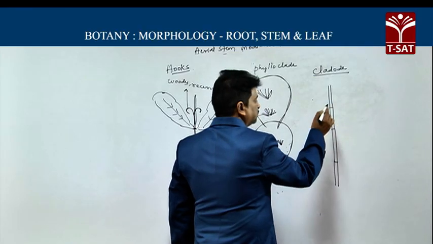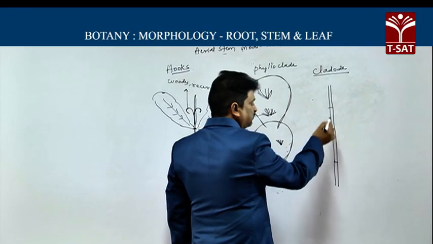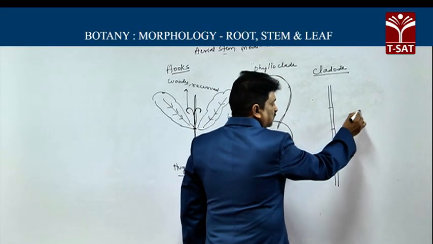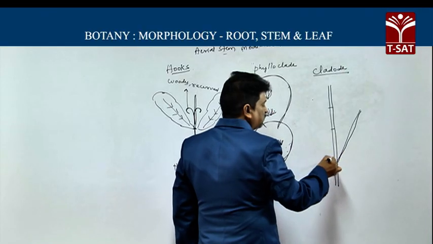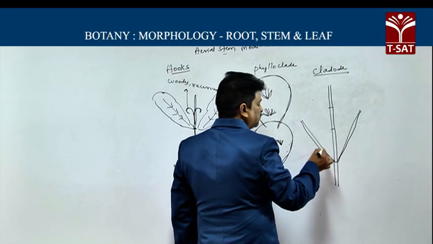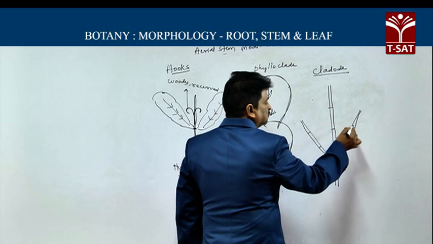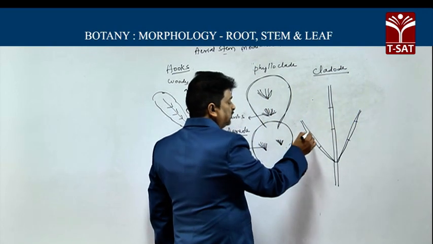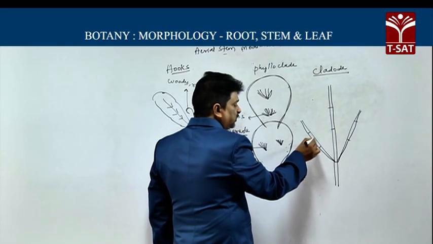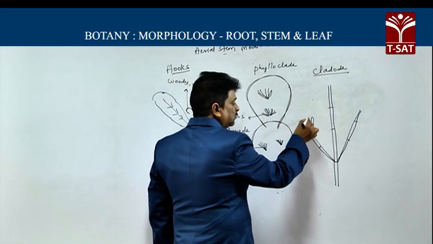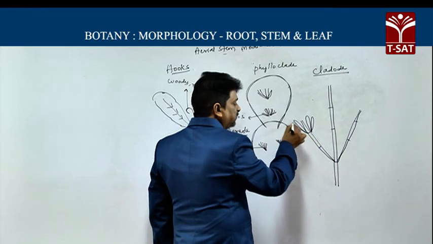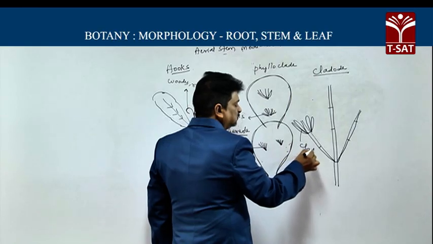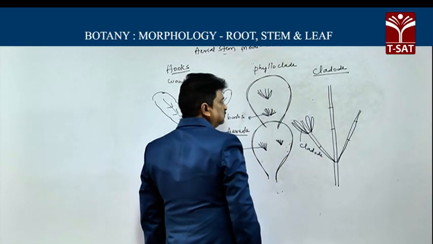In asparagus, the main stem is divided into nodes and internodes. The main stem produces branches. These branches show unlimited growth and contain nodes. From these nodes again branches are formed, but these branches are green and show limited growth.